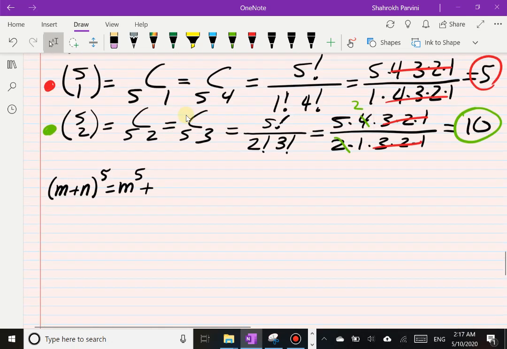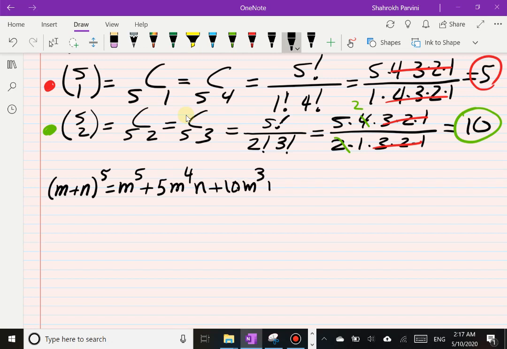So that's going to be 5. Exponent decreases on m, and n begins with 1. The next number would be 10. M decreases by 1, n increases by 1. Plus 10 m squared n cubed plus 5 m n to the 4th plus n to the 5th.